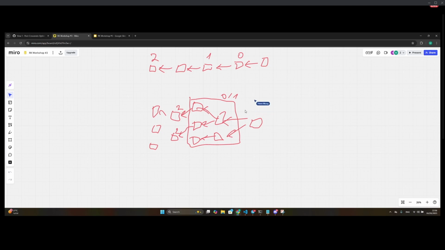So the block at level 2, its header can point at these blocks, and the topological or set theory semantic is pretty simple. It's: what block should I reference at level 2?